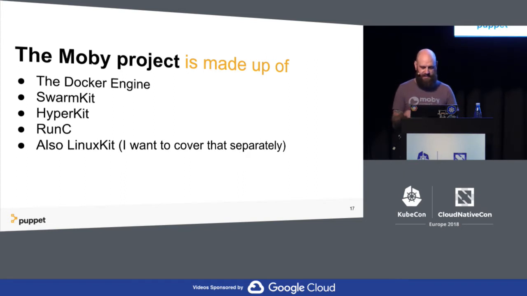All these things are the Moby project, but containerd is the cornerstone of all those things being built together. The Docker engine couldn't exist without containerd. SwarmKit talks to containerd also. HyperKit doesn't matter because it's just the Docker for Mac virtualization product. Runc, again, integrates with containerd.